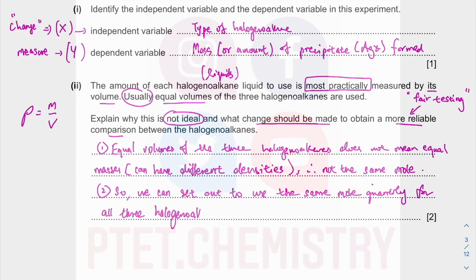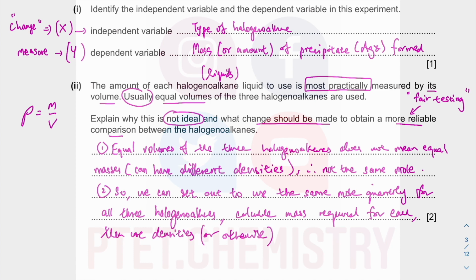If you want to use the same mole, then you can calculate the mass required for each, then use densities, or otherwise measure the mass in a test tube or something, to measure out the required volume.